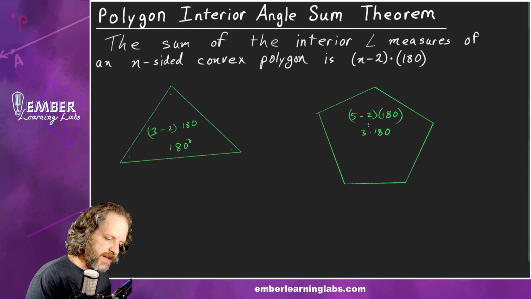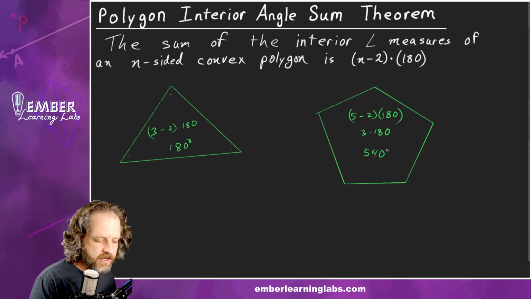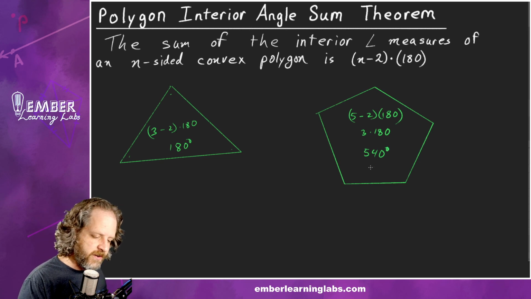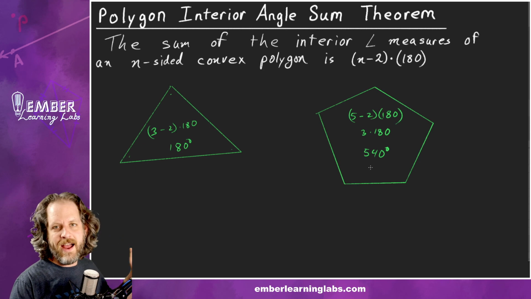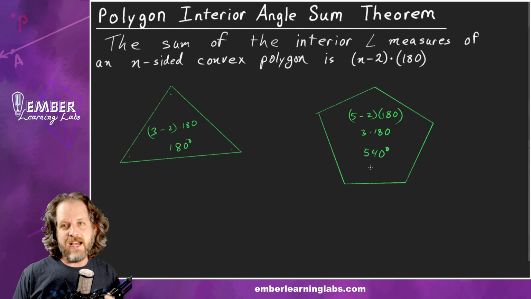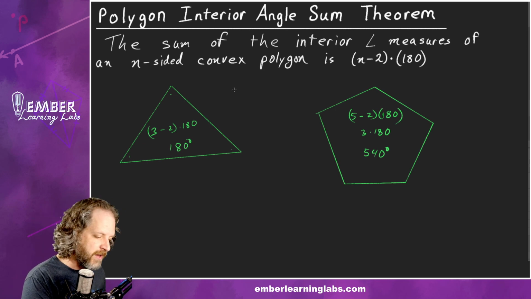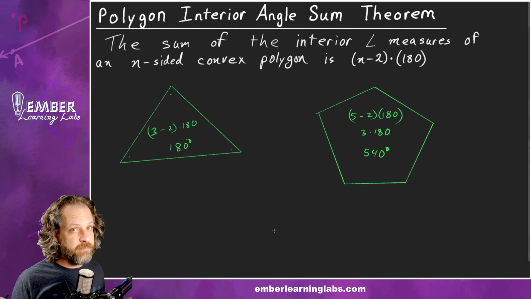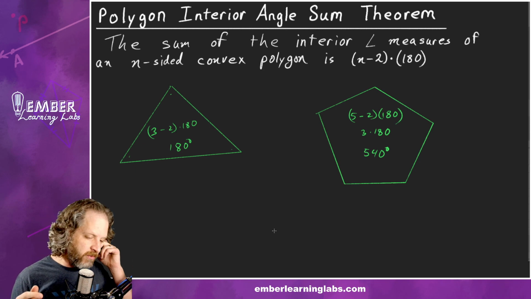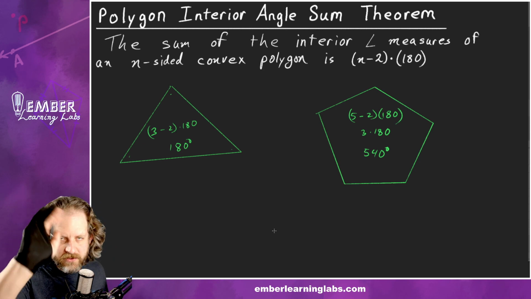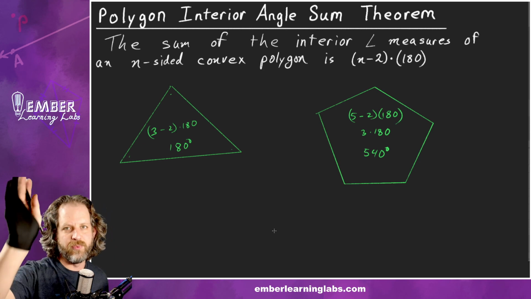You can pump it in the calculator, or you can just take my word for the fact that all of these angles in this pentagon, or any convex pentagon, add up to 540 degrees. And that's true no matter how. If I have a 52-gon, then I would do 50 times 180, and I would have the sum of all of those interior angles. We'll leave calculus ideas for pre-calculus.